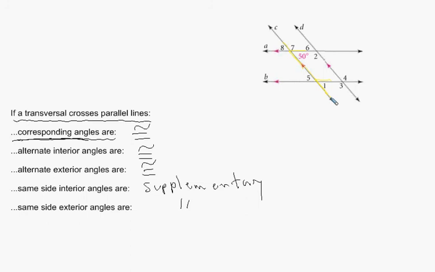I can see that angle 1 and the angle that has a measure of 50 are both on the same side of the transversal. But they're not both interior and they're not both exterior, so they can't be same side interior or same side exterior. But angle 1 faces down and to the right, and so does the angle with measure 50. So that makes them corresponding. So that means that their measures are congruent.